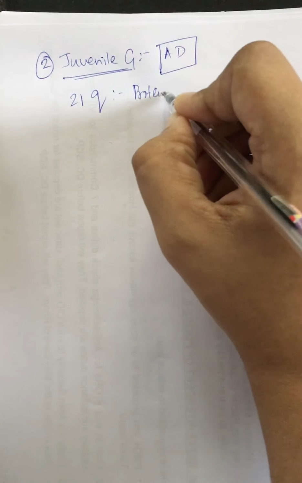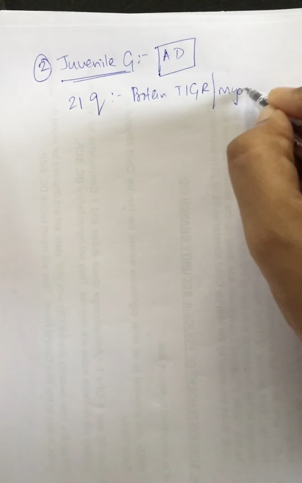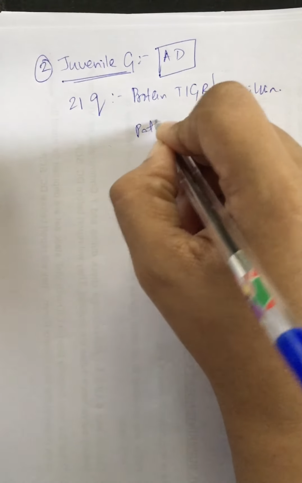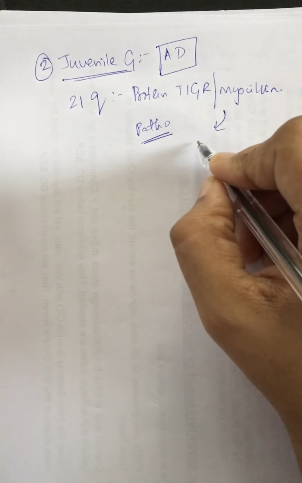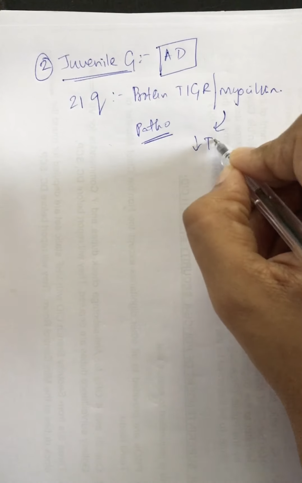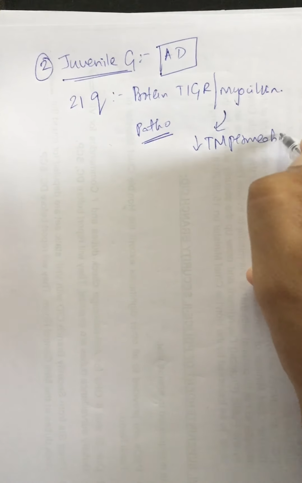The TIGR protein is almost coding a protein called myocilin. If the myocilin is very high, it's going to cause glaucoma, as simple as that. I'll tell you why. The myocilin is going to reduce the permeability of the trabecular meshwork. So the permeability is lost.